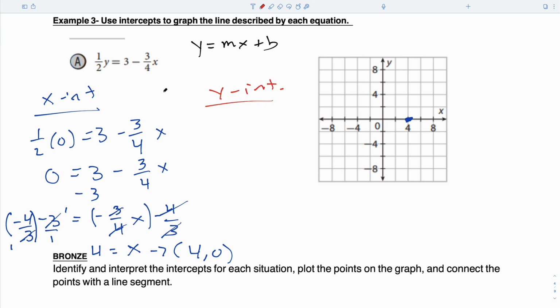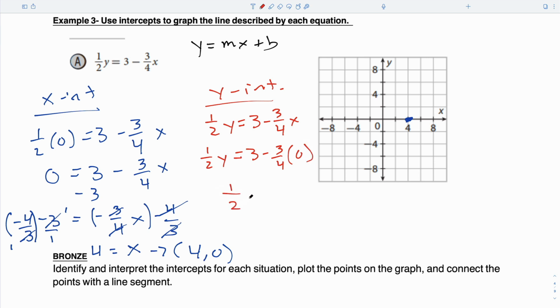Charles, what am I going to plug in as 0 for the Y-intercept? You got it. It's always flip-flopped when you're on your own today. Don't go so quick that you're just plugging in 0 for Y to find the Y-intercept. So 1/2 Y stays. 3 minus 3/4 times 0, and that's going to cancel.